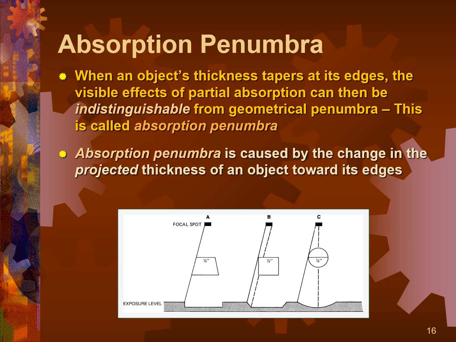All right. Now, absorption penumbra deals with fading of the true shadow because of the variation in thickness of the object itself. You see a sphere. If we look at example C, the sphere, because it's got the worst absorption penumbra.